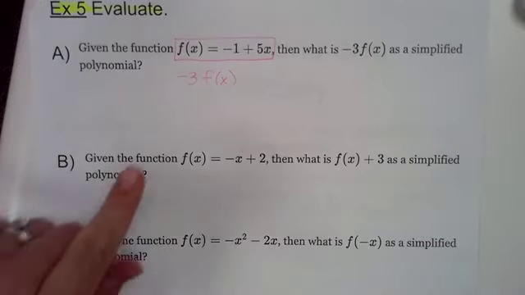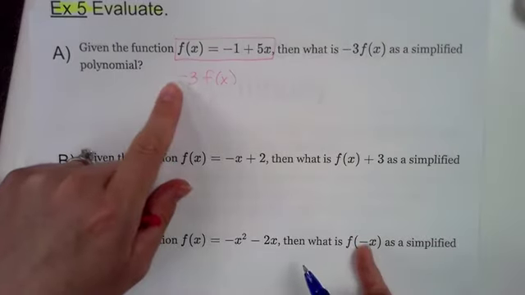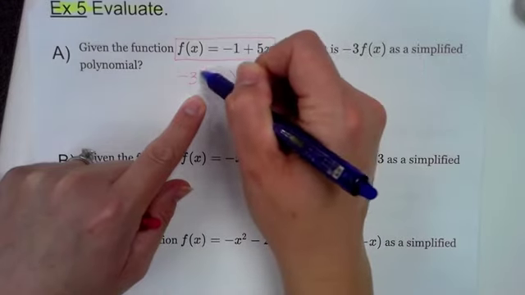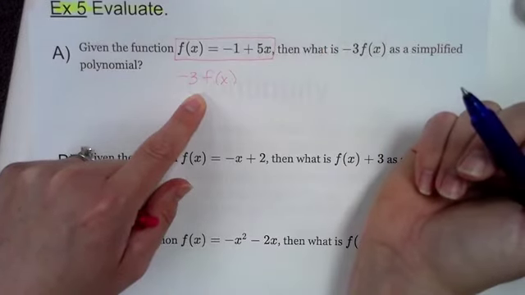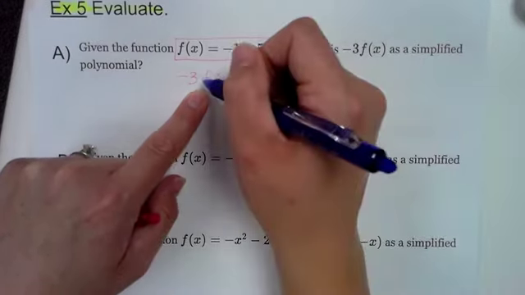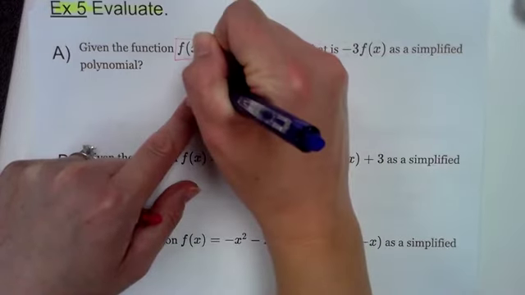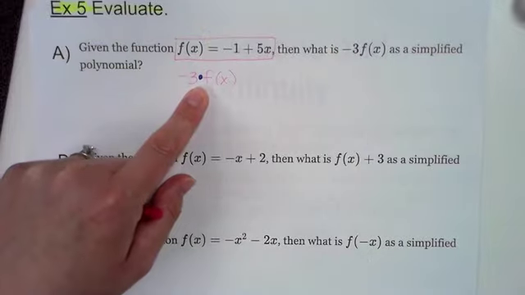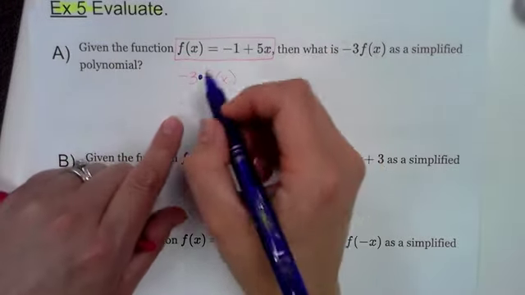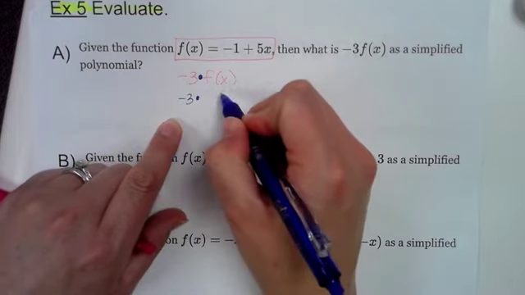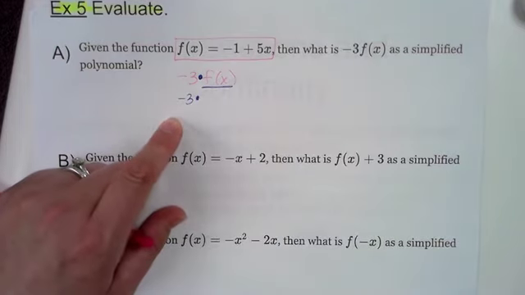So let's talk about what this means. This says negative 3. There's nothing in between here. What operation is between the negative 3 and the f of x? Multiplication. When there's nothing written, it means there must be multiplication in between. So this is saying negative 3 times this entire function.